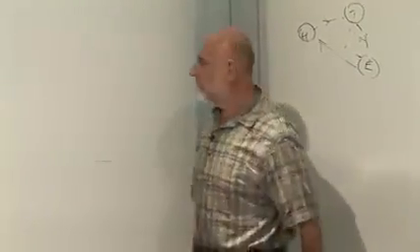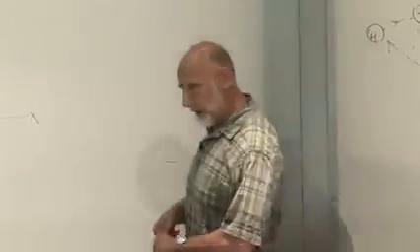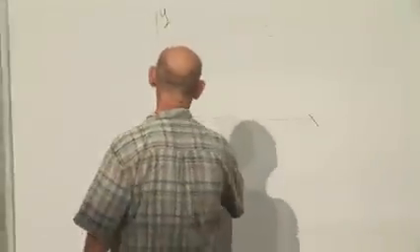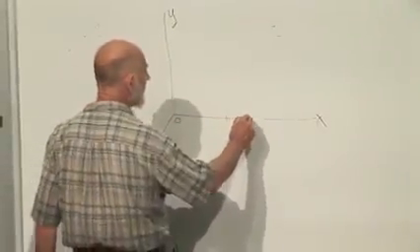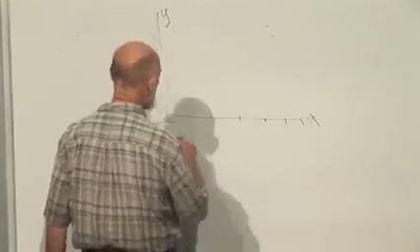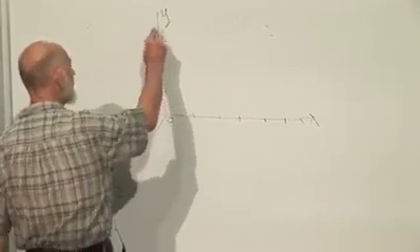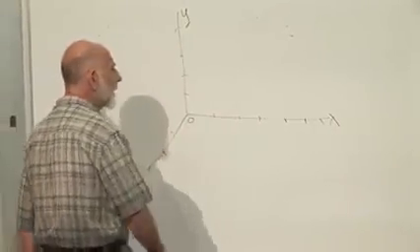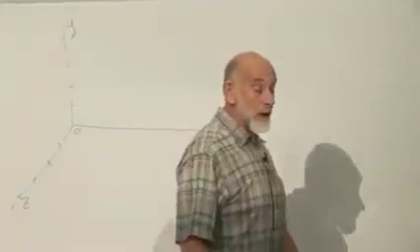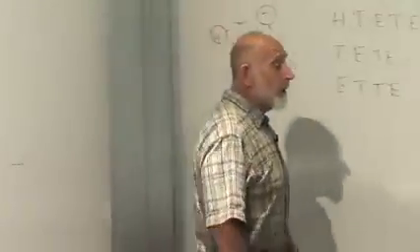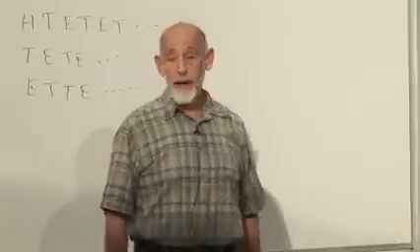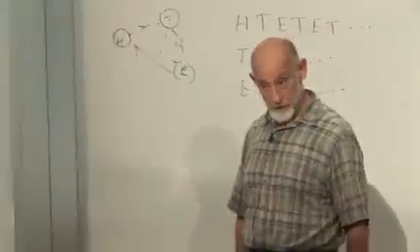We also have to mark off distances along here. So distances are marked off, equal distances with a ruler. And of course, in saying that we mark off distances, we're also assuming a set of units.